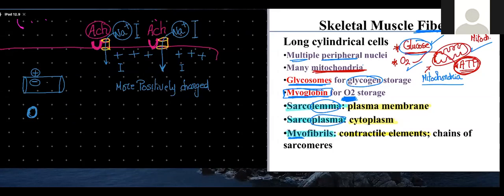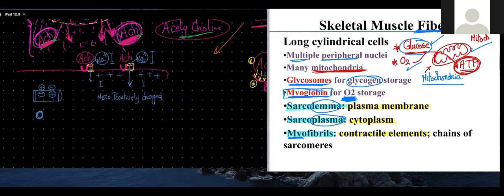What if the inside becomes more positively charged than the outside, which becomes more negatively charged? Like in here, I did allow what ion to travel? When I get the acetylcholine attached to its receptor, I'm allowing the sodium to travel from outside of the cell to the inside of the cell membrane. So the inside of the cell membrane will become more positively charged.